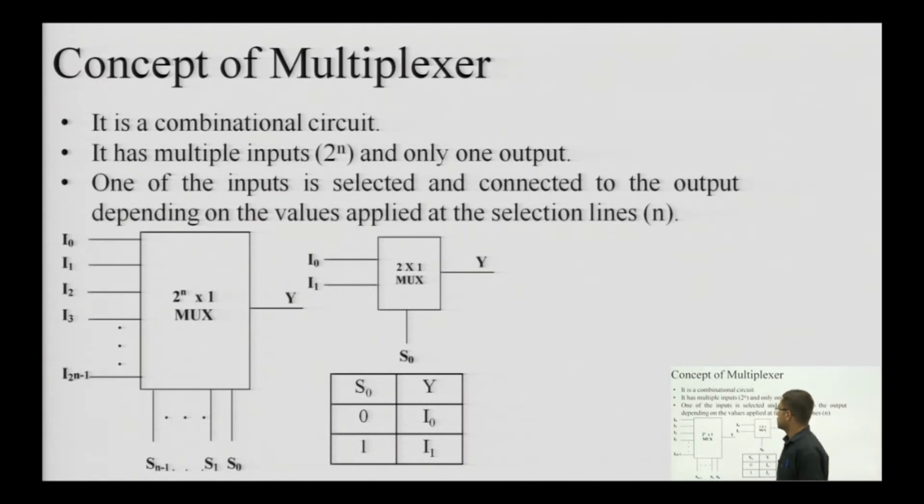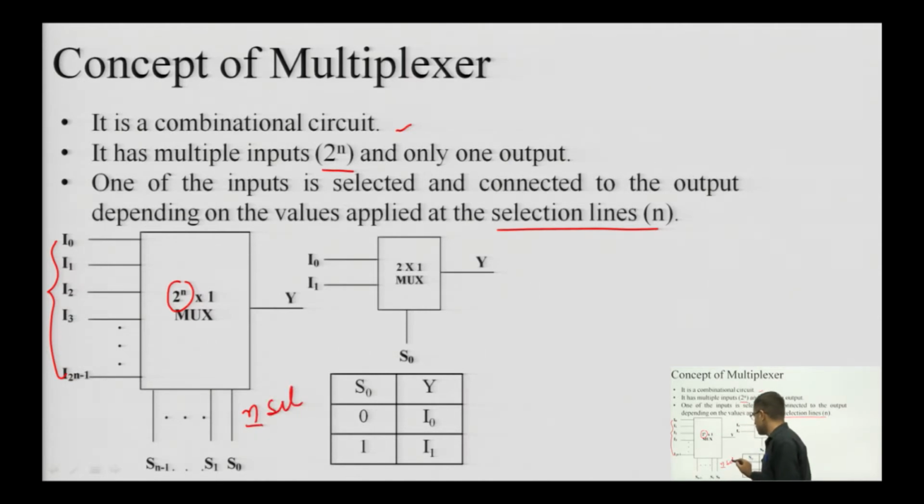So, multiplexer is a combinational circuit. It has multiple inputs, 2 raised to power n, as can be seen from its block level representation. There are 2 raised to power n inputs for n select lines, and the output is a single one.